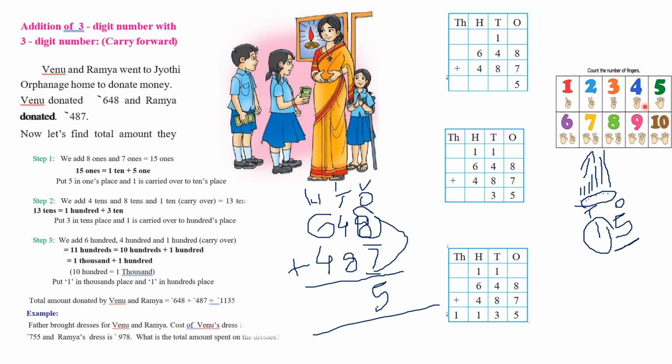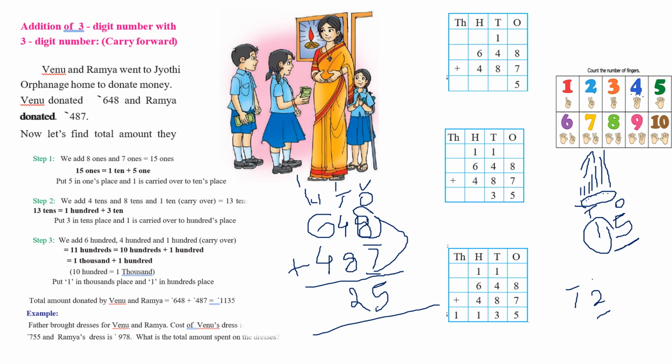After 8, 9, 10, 11 and 12, correct? So what is the answer you got? 12. So 2 in the tens place and 1 is carried over to hundreds.